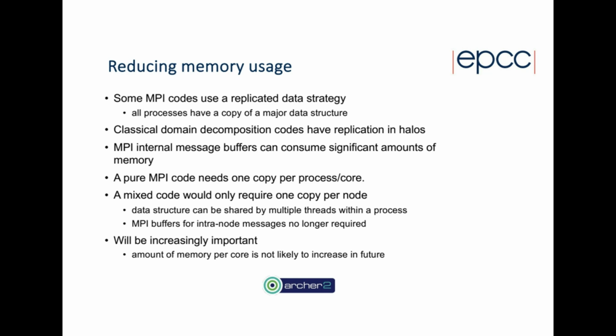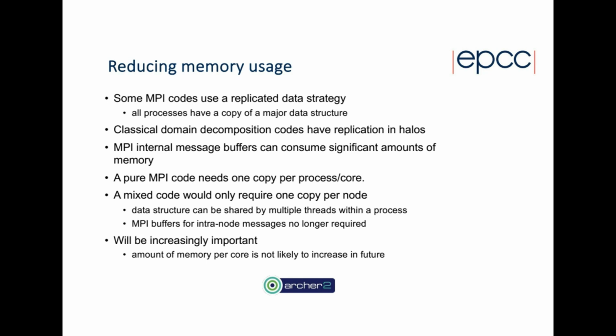Whenever we have these replicated data structures, a pure MPI code needs a copy of these things, whatever they are, per process and therefore per core. Whereas in principle, a mixed MPI and OpenMP code might only require one copy per node. Then that data structure can be shared by multiple threads within a process.